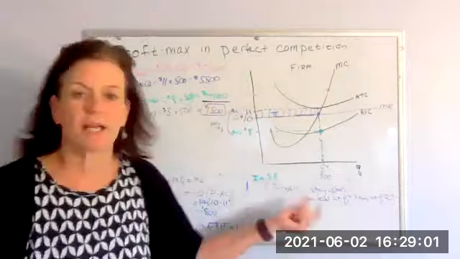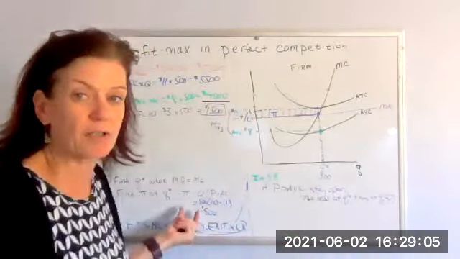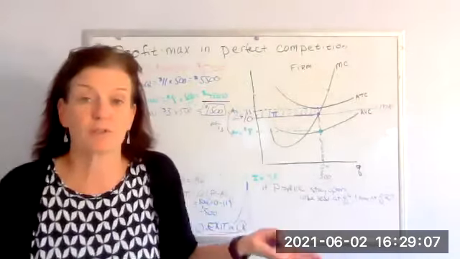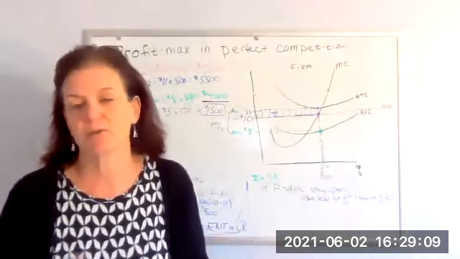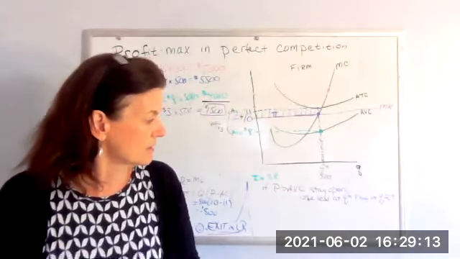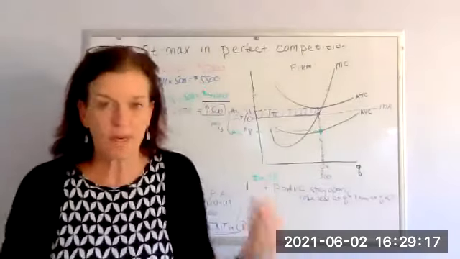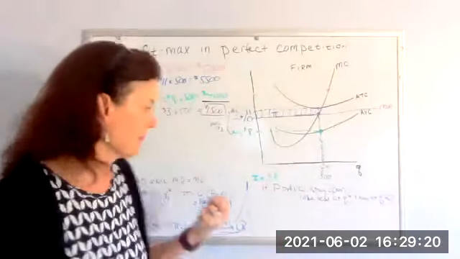That's just shorthand for saying by producing at the profit maximizing level of output, I only lose $500. If I didn't produce, I would lose my entire fixed cost. I would lose $1,500.